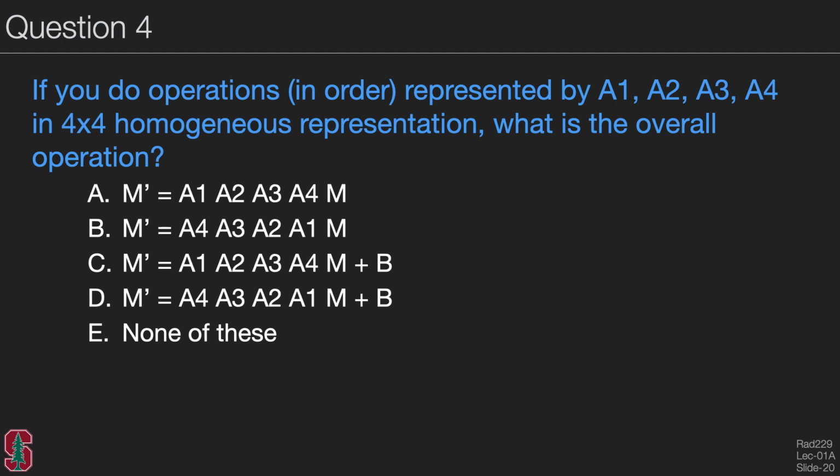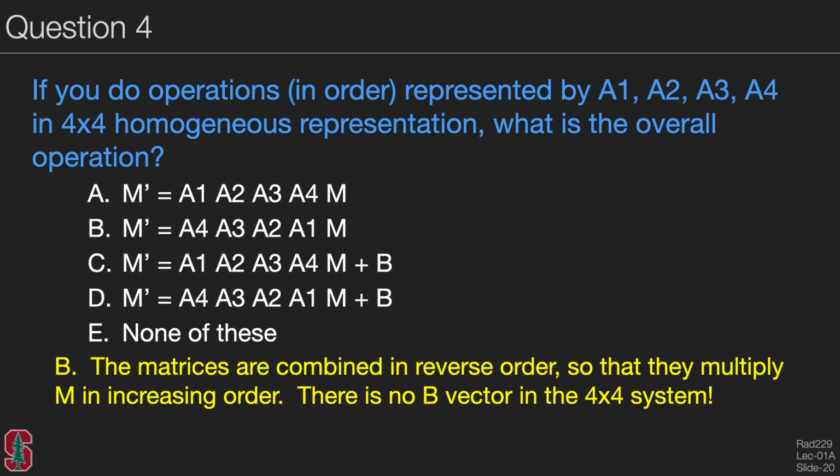We've written this as the magnetization afterwards and the magnetization before, and a product of A matrices, and in some cases the addition of a vector. So the correct answer is B, and remember that the matrices are combined in reverse order so that they multiply M in increasing order. There's no B vector in the 4×4 system.